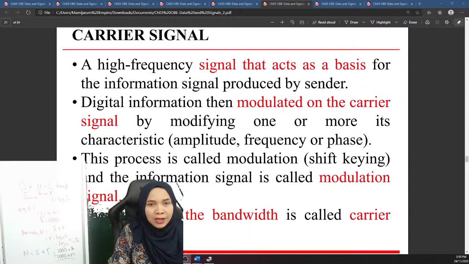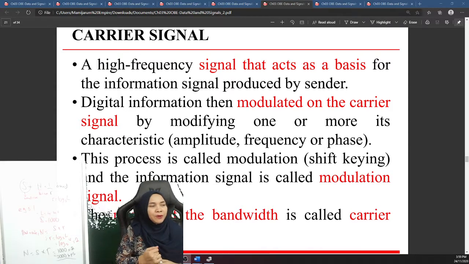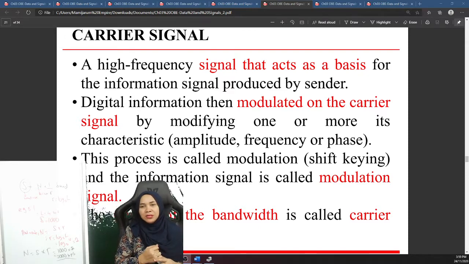Now kita look at our next. Right, here adalah carrier signal. Apa itu carrier signal? Carrier signal merupakan high frequency signal which acts as a basis for the information signal produced by the sender. Digital information then is modulated on the carrier signal by modifying one or more of its characteristics, which are amplitude, frequency, or phase.